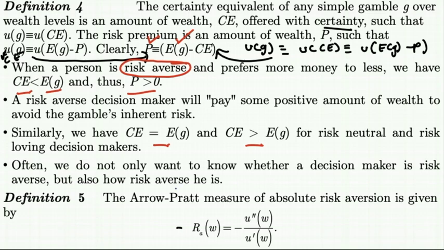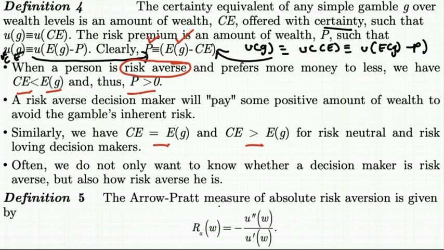Okay, so we want to measure how risk averse he is, for instance. So let's look at definition 5. In the definition 5 here, the risk averse person, the magnitude, can be measured by the Arrow-Pratt measure of absolute risk aversion, which is given by this formula. Okay. All right.